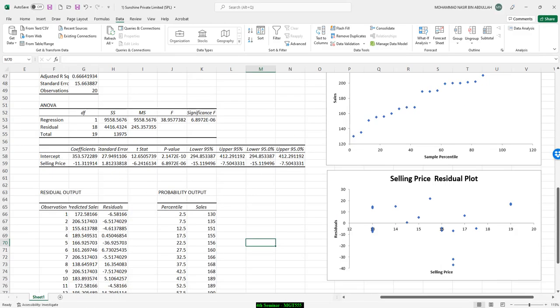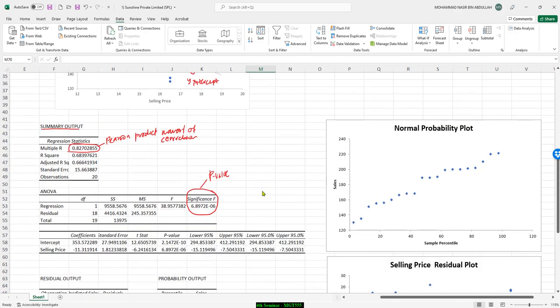So one way ANOVA ni, kita akan tengok kepada significant F. This is your P value, right? So let me tulis dekat sini lah. So ini kita nak tengok whether our regression model is fit for prediction or not fit for prediction.